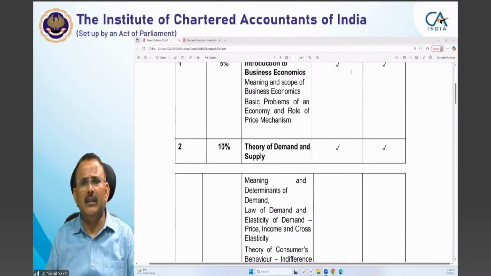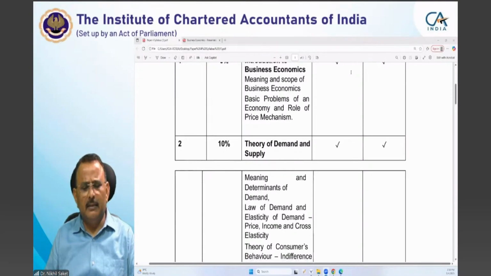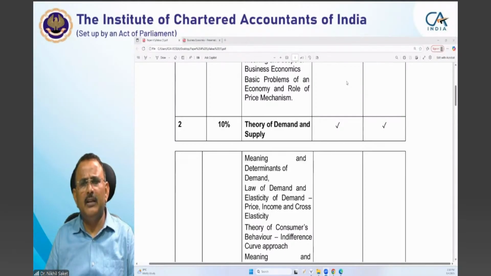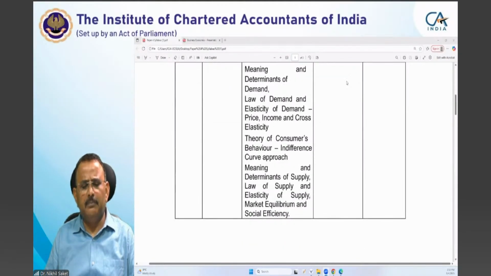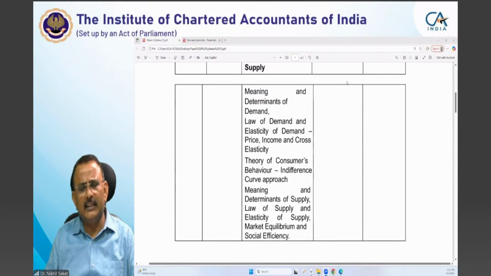What is the meaning of demand? Determinants of demand, elasticity of demand, then theory of consumer behavior, indifference curves, determinants of supply, elasticity of supply, market equilibrium, social efficiency. So various sub-units are there, and generally questions in the examination come from these.